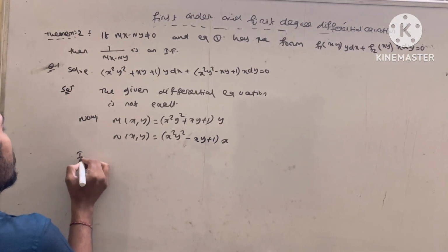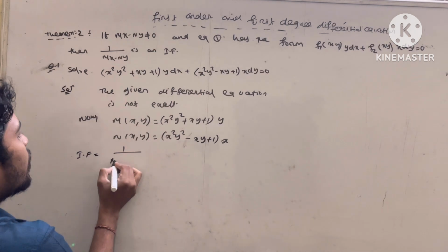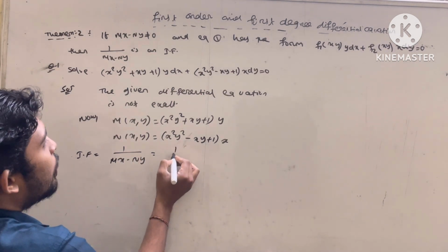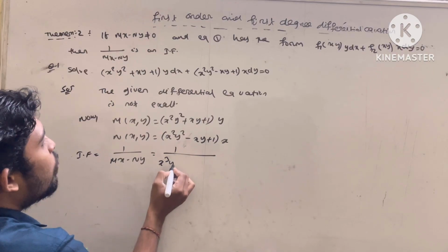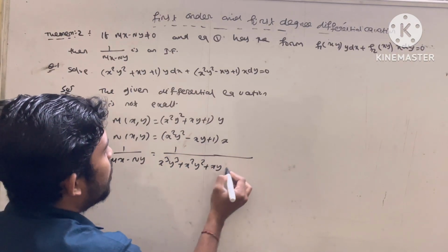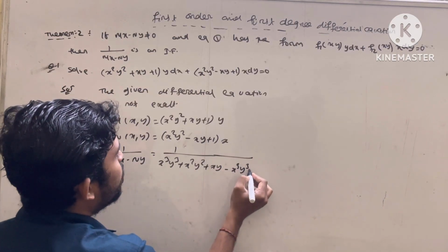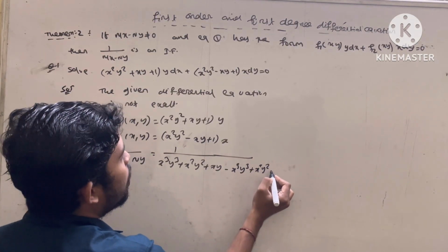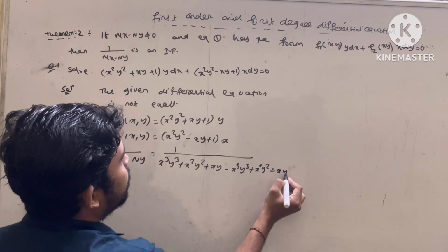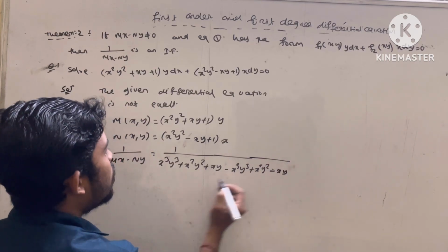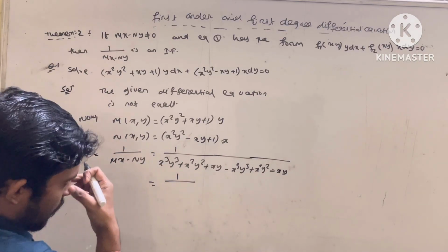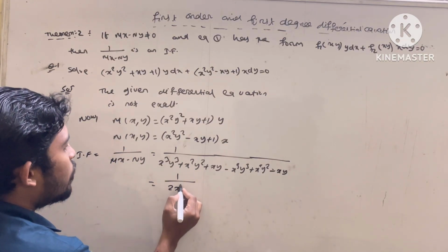Now the integrating factor is 1 by (Mx minus Ny). So this is 1 by (x cube y cube... x square y square plus xy, minus x cube y cube plus x square y square minus xy). So this becomes 1 by 2 x square y square.